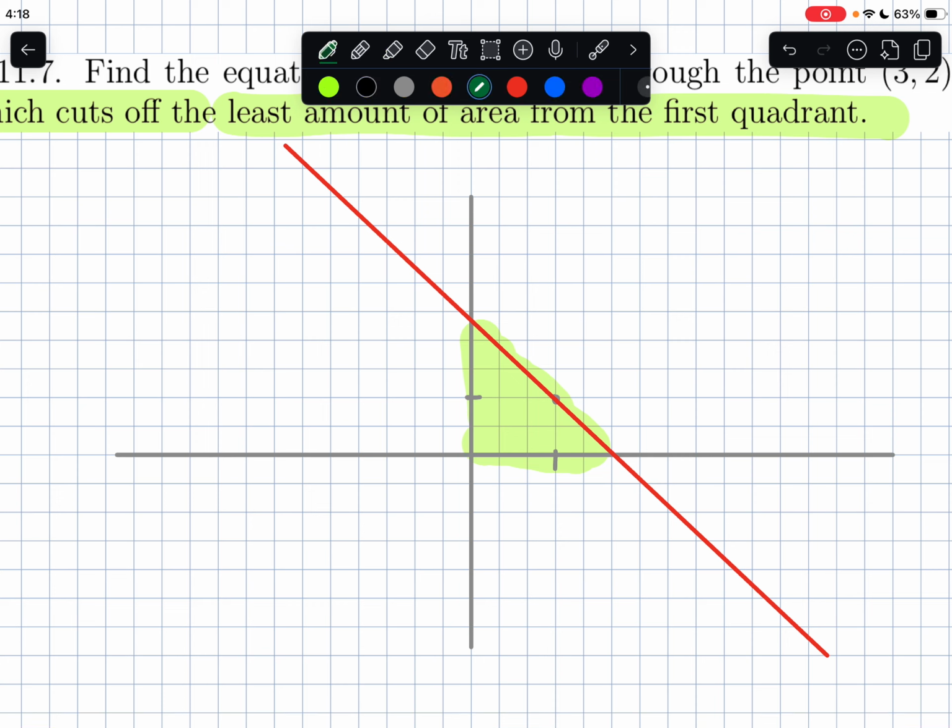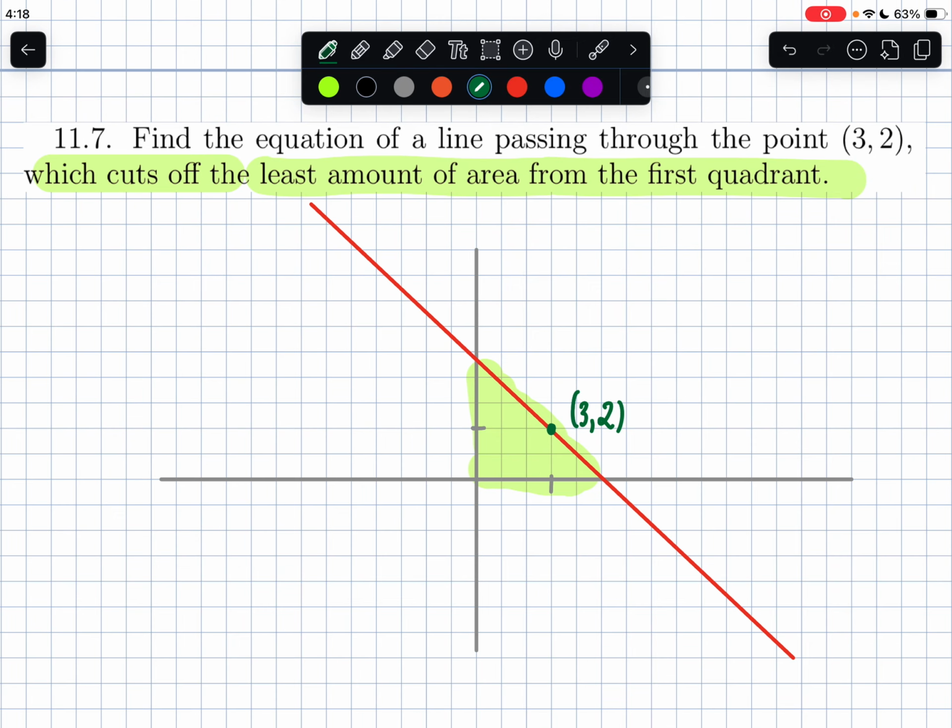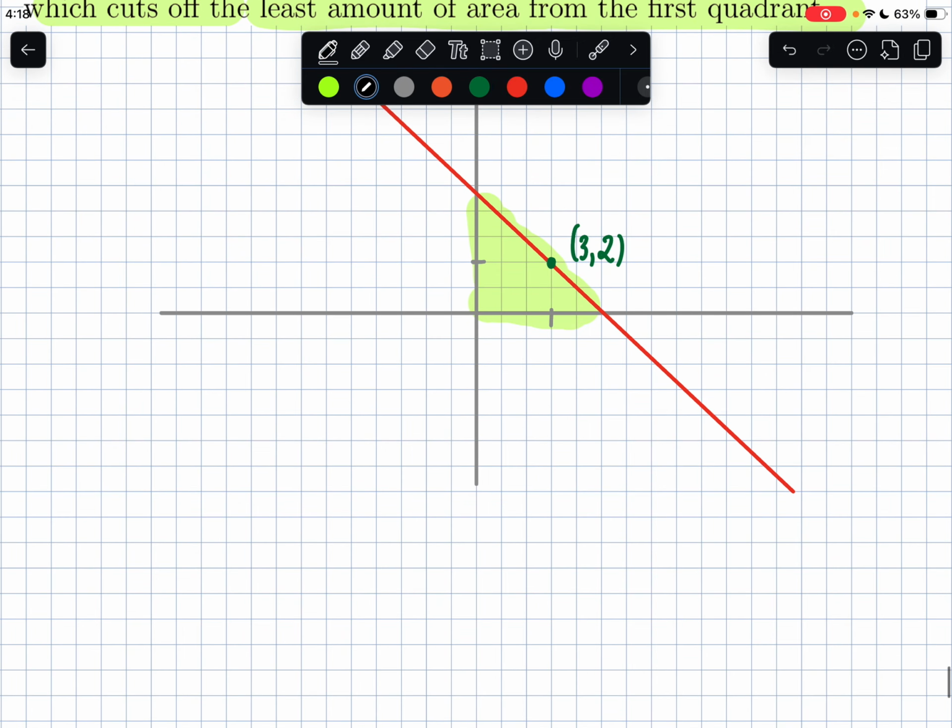The point is (3, 2), and the equation of a line passing through a point (x0, y0) is y minus y0 equals the slope times x minus x0.